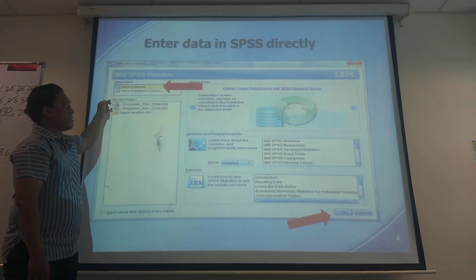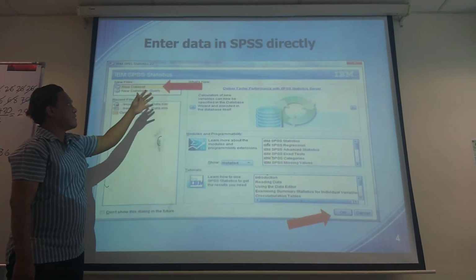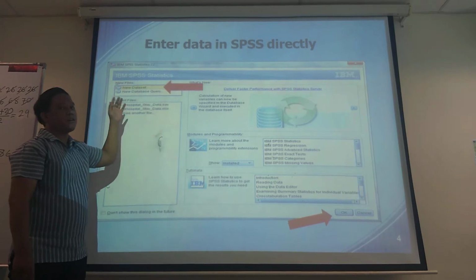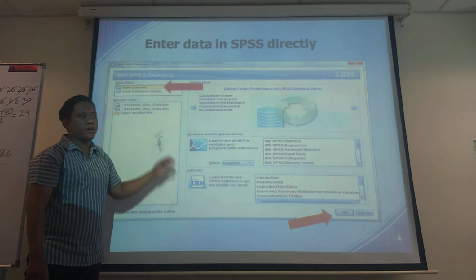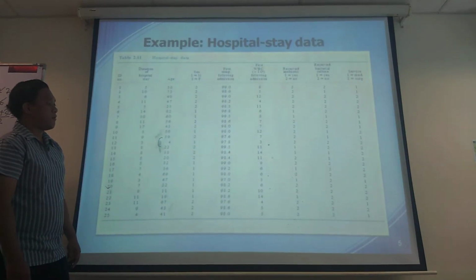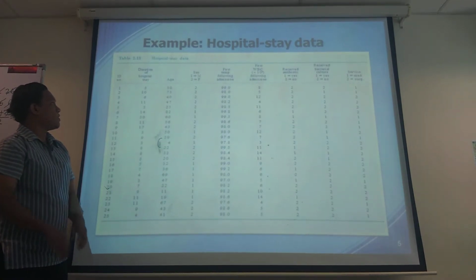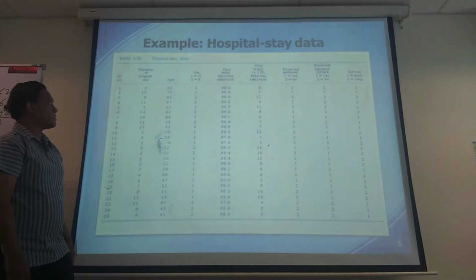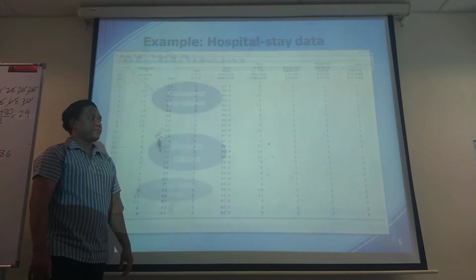This is the picture for the SPSS. When you enter data in SPSS directly, this is what you will see in the software. This example is hospital stay data. So when you use SPSS, this is the example of data that you will use.